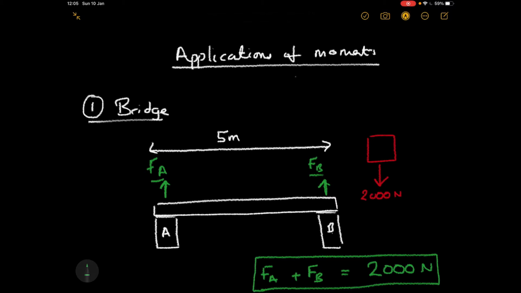They are a reaction force to the weight of the object. If the object is 10,000 newtons, then they would add up to 10,000 newtons.